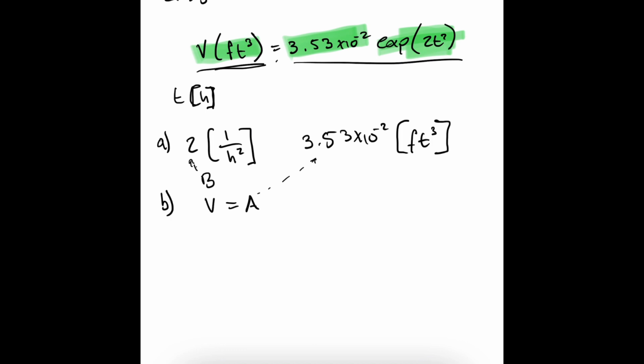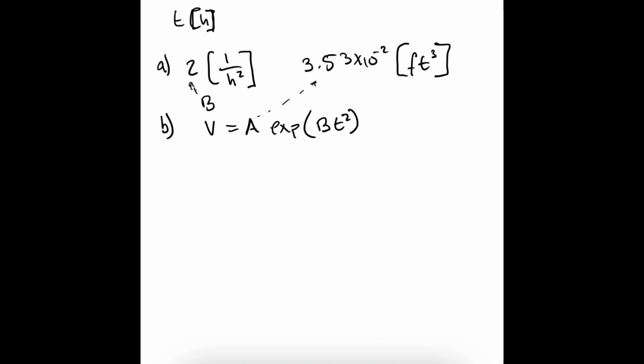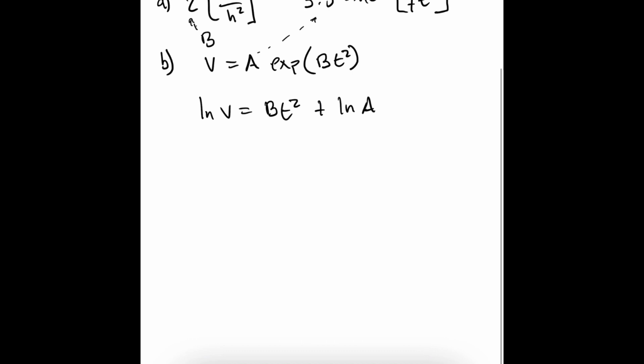So A times the exponent of B t squared. Well, we've got to get rid of that exponent, so we've got to take the log in order for this to look more like a line. Okay, that looks a lot like a line now.